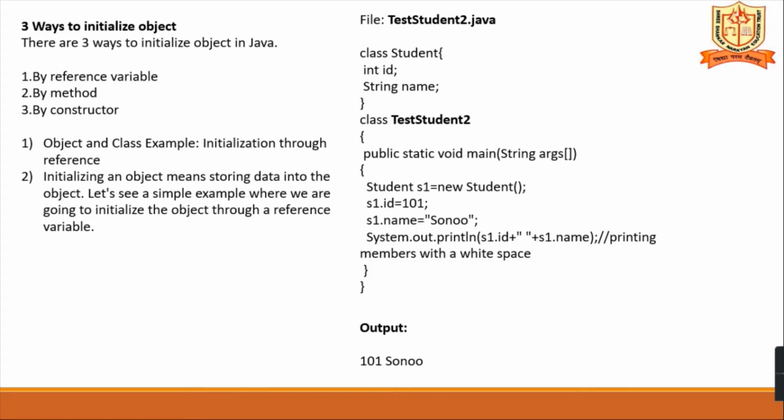Let's see the simple example where we are going to initialize the object through a reference variable. Here class Student is there, and it has two variables, one of integer type and the second a string variable. Only the declarations are there in the first class.